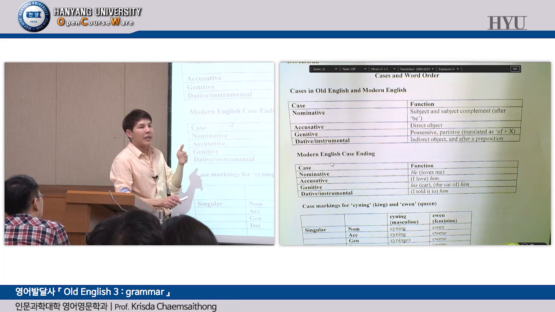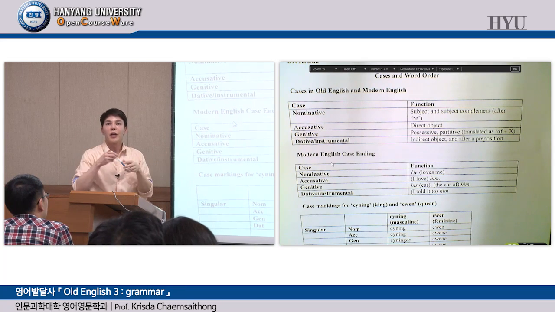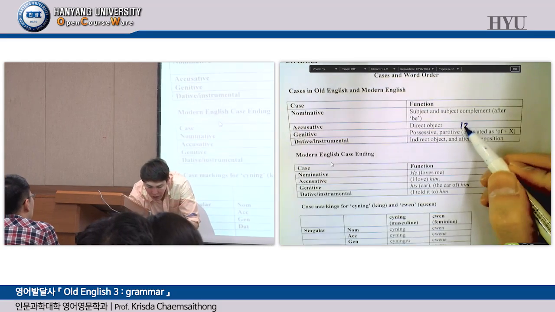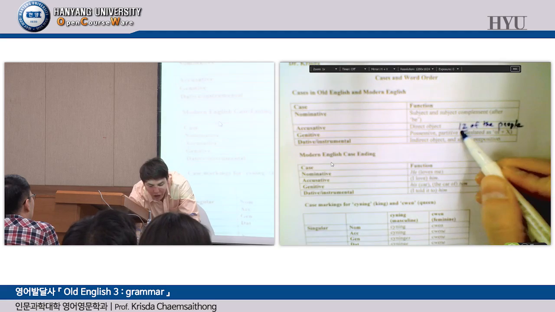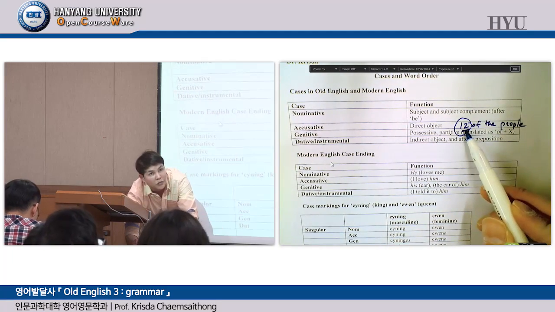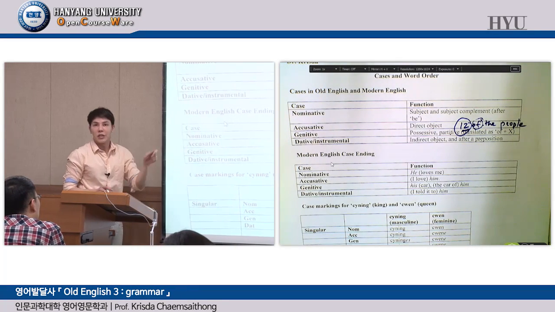genitive, possessive, and also you know partitive, translated as of plus x. Partitive comes from part, part from whole. For example, twelve of the people. Part, so twelve of the whole group. So we call this partitive. When you have of partitive, you usually use the genitive case.